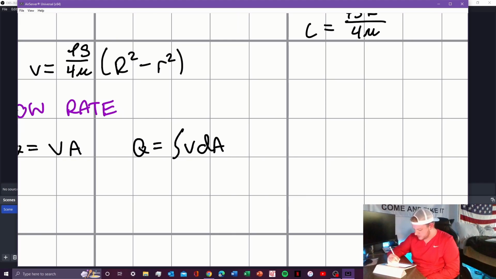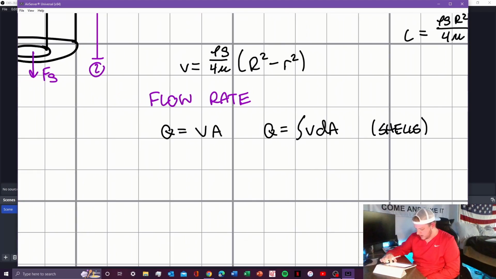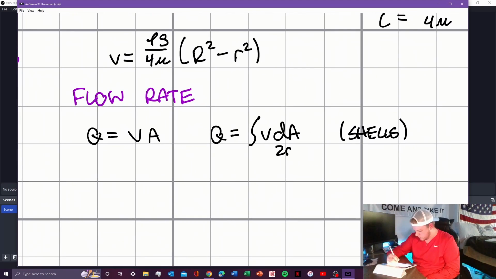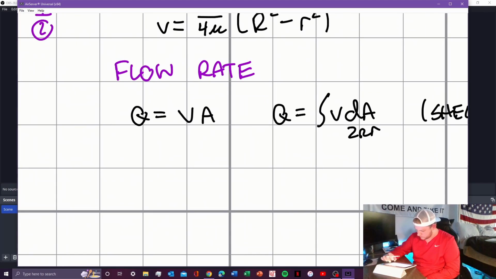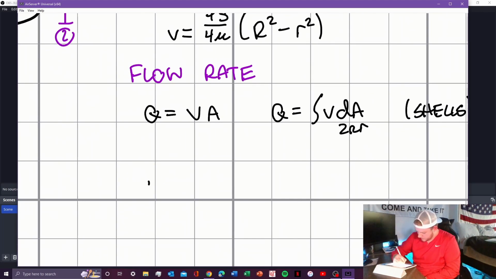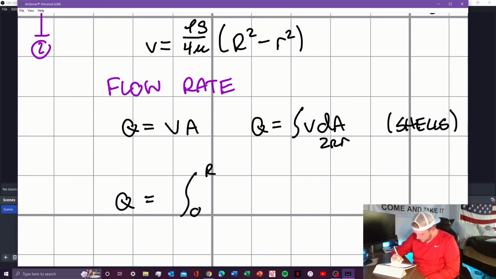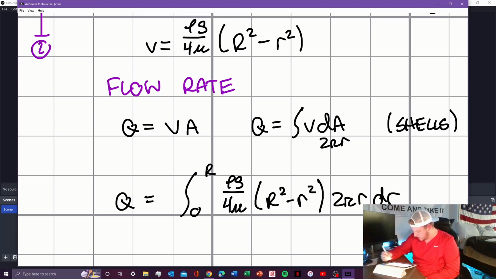We'll be using the differential area because we'll be using the shell method, so that is 2 pi r dr. So the flow rate will be an integral from 0 to big R of rho g over 4 mu times big R squared minus r squared, times 2 pi r dr.